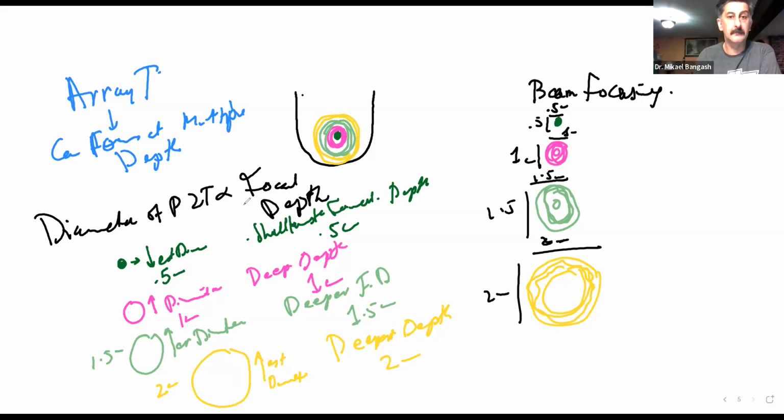What was the focal depth? The depth at which the beam will reach its focus. Clear?